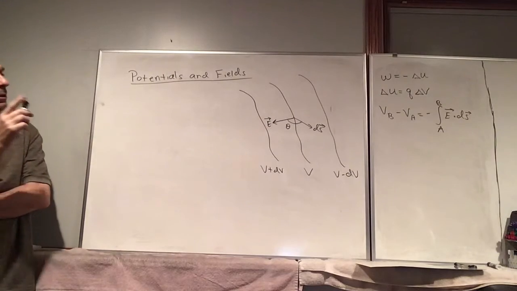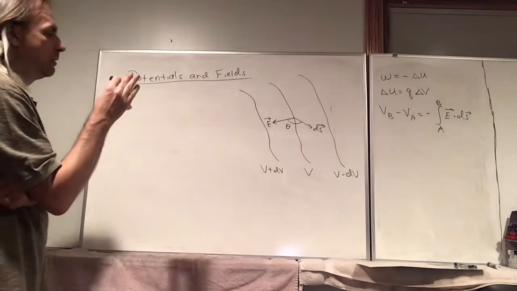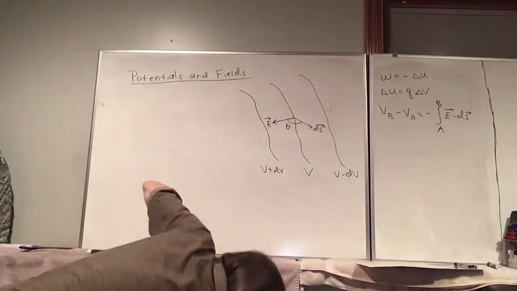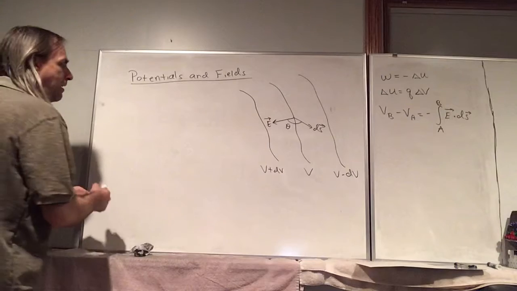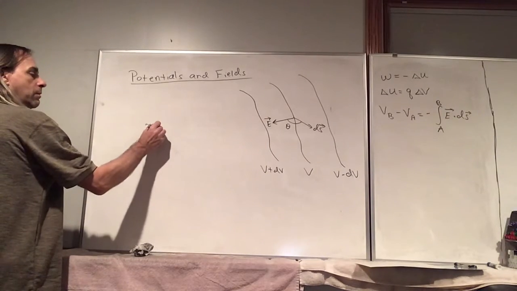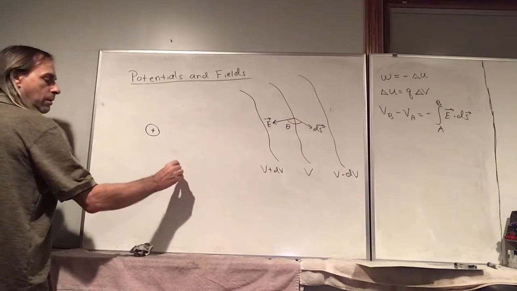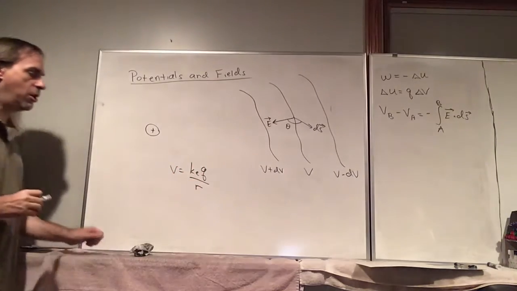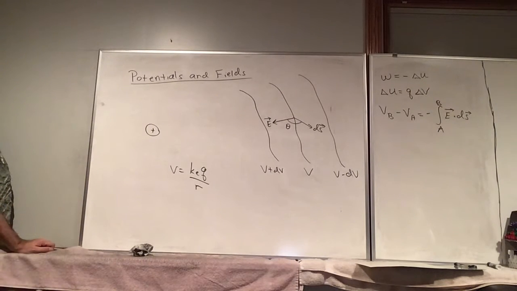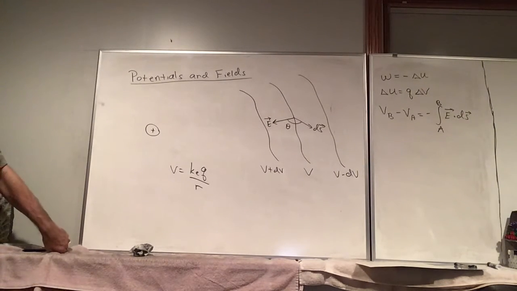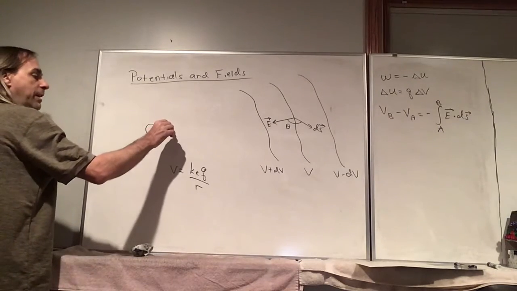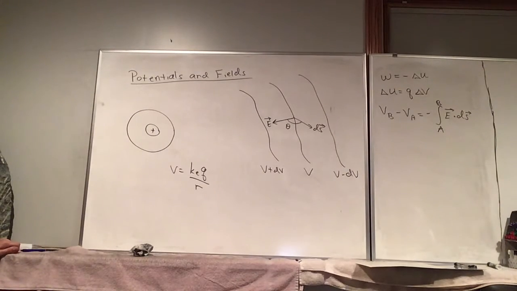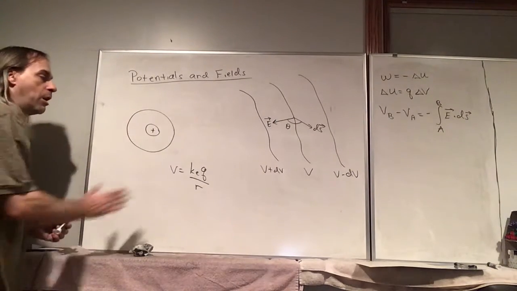Give me a second just to think about there's another result. Let's say we have a positive charge. We know V is kq over r, and if it's a positive charge, we're going to get positive numbers. So an equipotential around a positive charge might look like this. It'd be like a spherical shell around a charge.